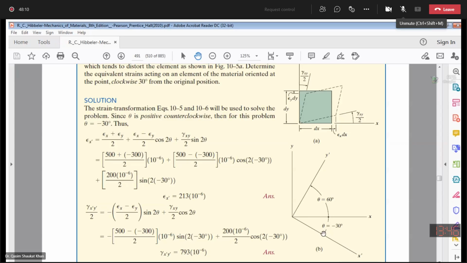Recalculate epsilon x dash, epsilon y dash and gamma x dash y dash for theta 60 degrees. So if your element is oriented at an angle theta 60 degrees counterclockwise, which means theta is positive. Please calculate and let me know the answer when you are ready.